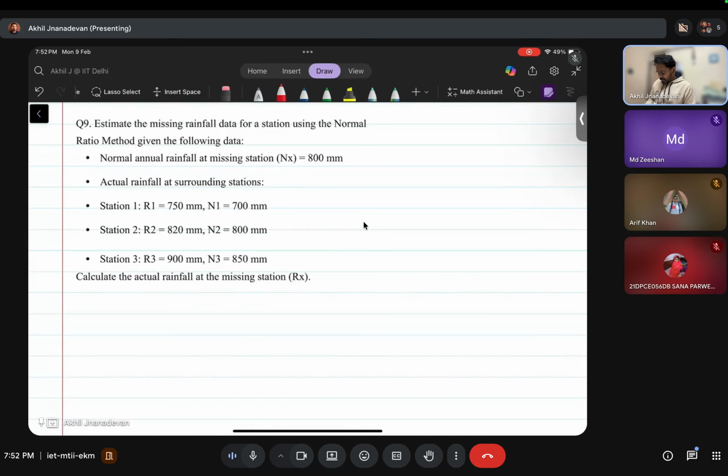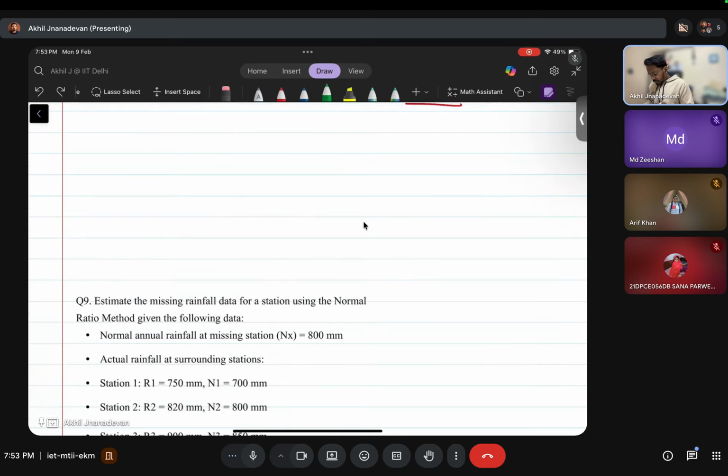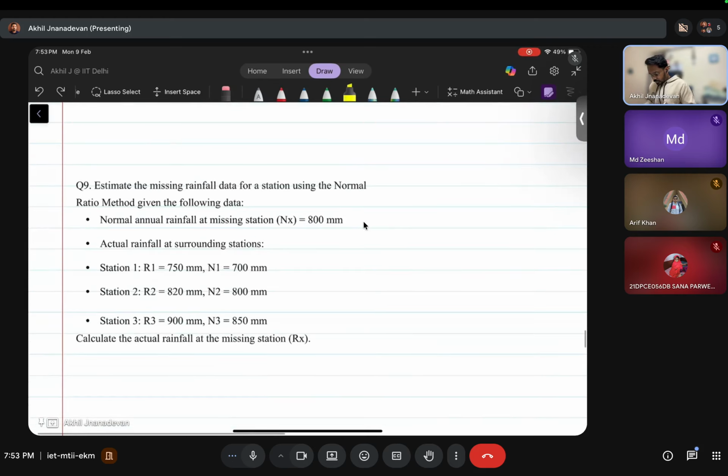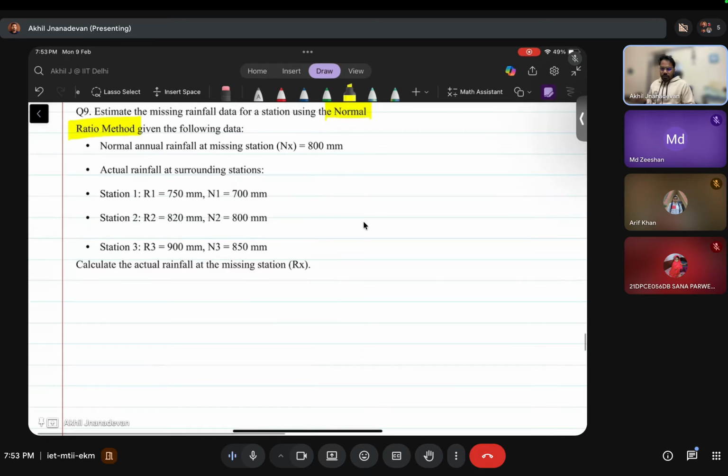Estimate the missing rainfall using the normal ratio method. For that you have to understand what is meant by normal rainfall.